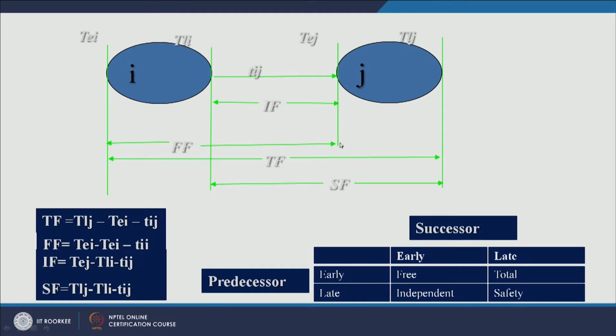TEJ minus TEI minus duration of the activity. Third is TEJ of this event and TLI of this event, and minus duration of the activity, and safety float is this. So this is how you can calculate all these floats.